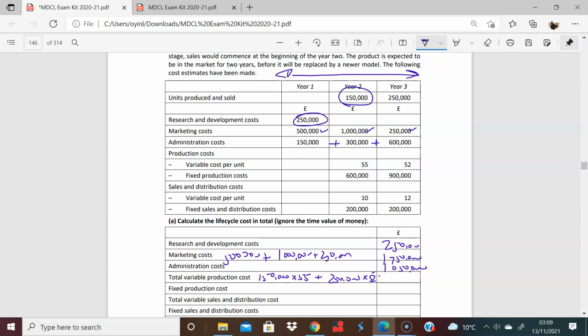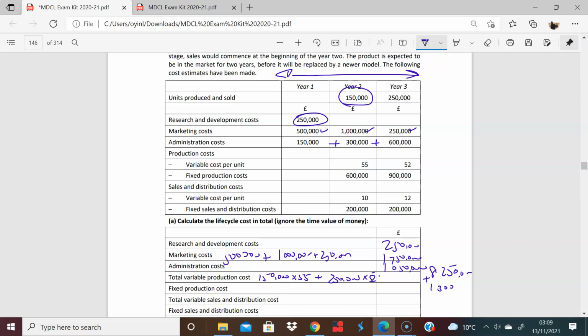So that's 150,000 times 55, which is 8.25 million, plus 250,000 times 52, and that's 1.3 million.